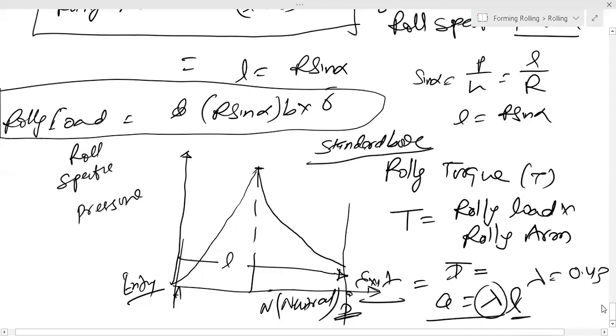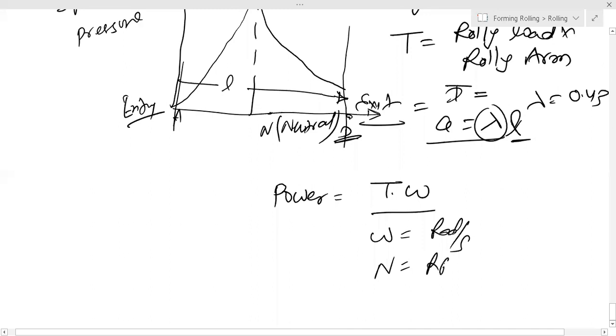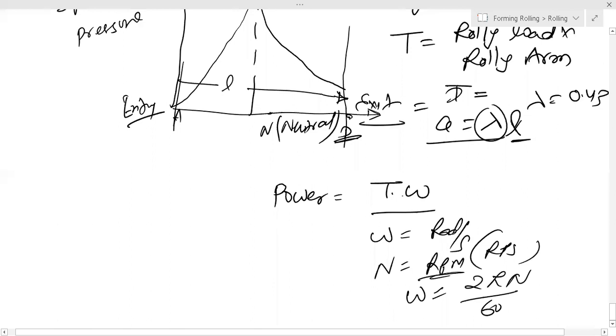So power again now. Power is equal to torque into omega. Omega is in radian per second. If n is RPM, then omega is equal to 2 pi n by 60, which will come in radian per second. But sometimes it will be given in RPS also. So from torque, you can calculate the power.